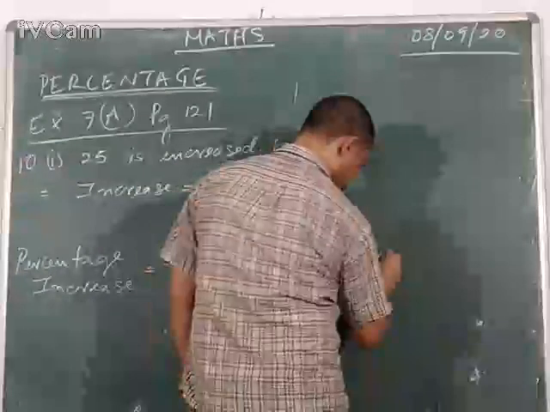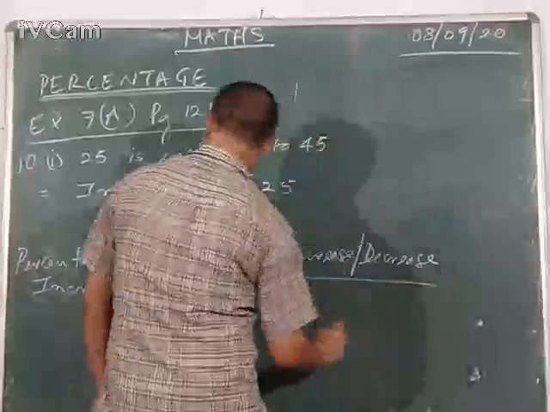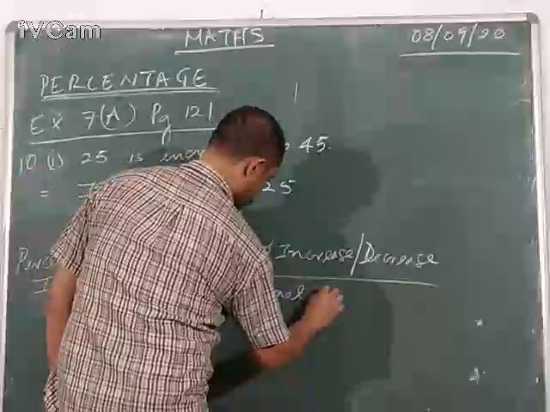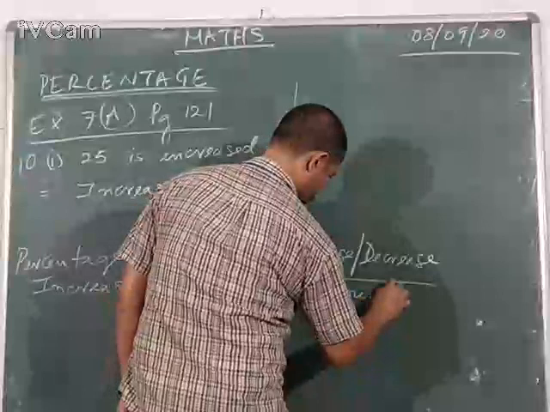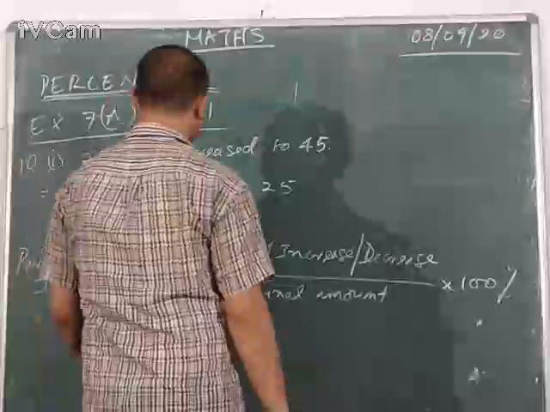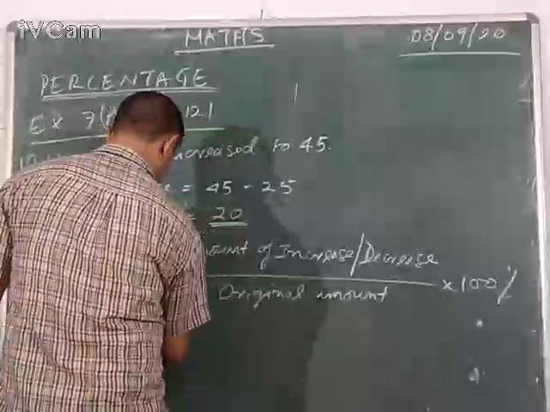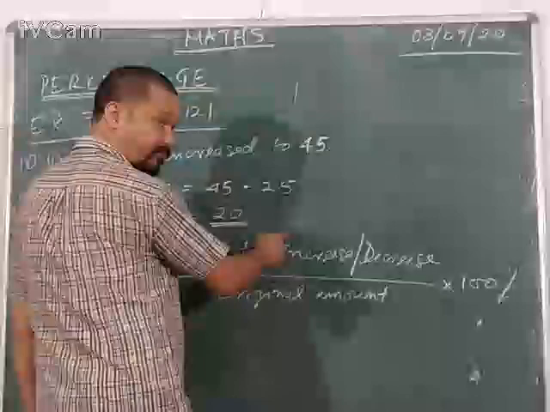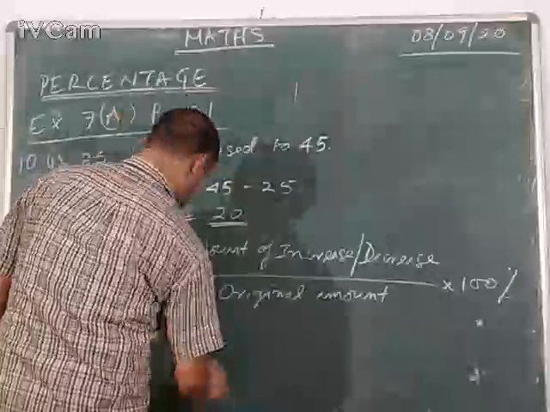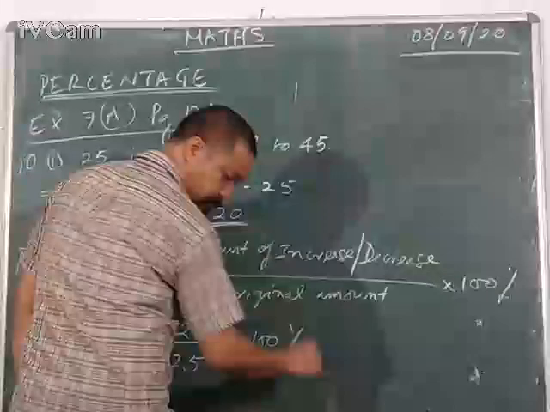In our case it is increase, so percentage increase is amount of increase, which is 20, upon original amount, which is 25, into 100%.